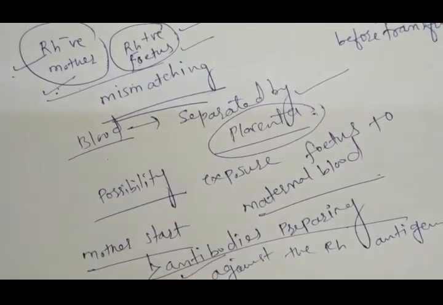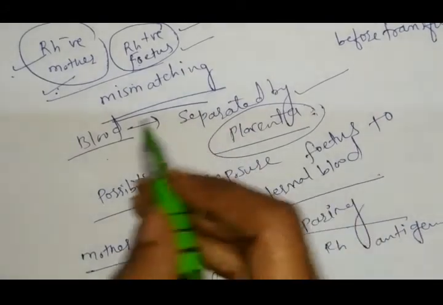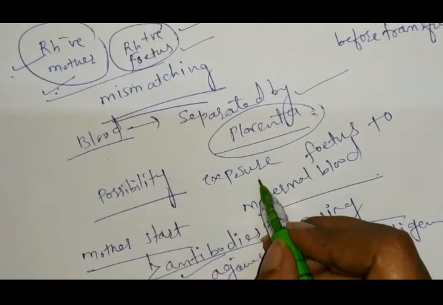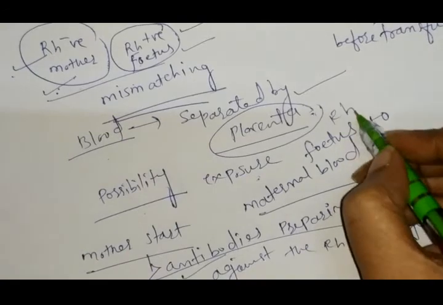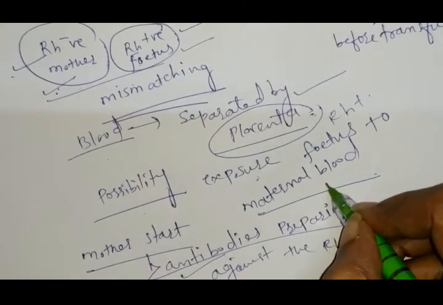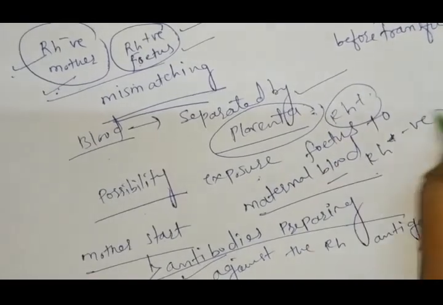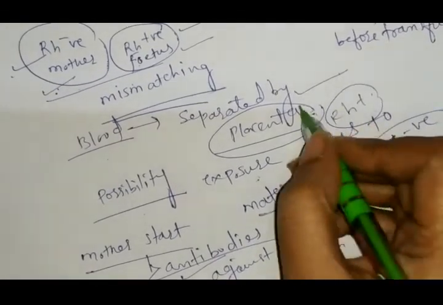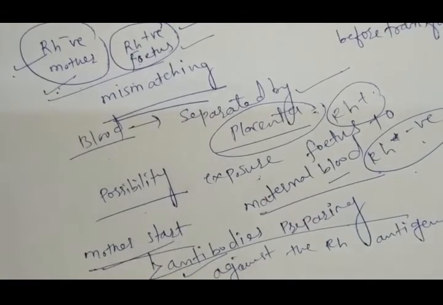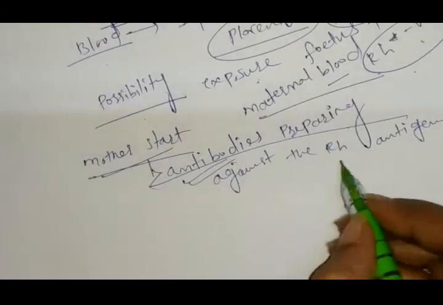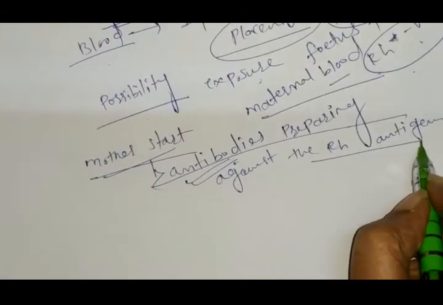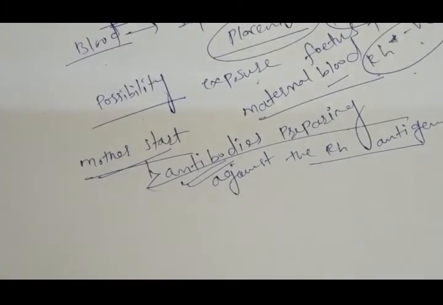And during the delivery time, there is a possibility of mixing, the exposure of the Rh positive fetus blood to the maternal blood, which is Rh negative. These two bloods get mixed, and that's why the mother starts preparing antibodies against the Rh antigen.